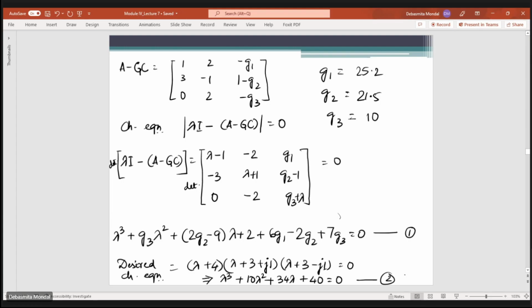Accordingly you have to change the method, but the steps remain the same. At the end of the day, you have to compare the desired characteristic equation with the equation that you get from the given state model. Once you compare those two equations, you can find the value of the state observer that you are designing for the system.